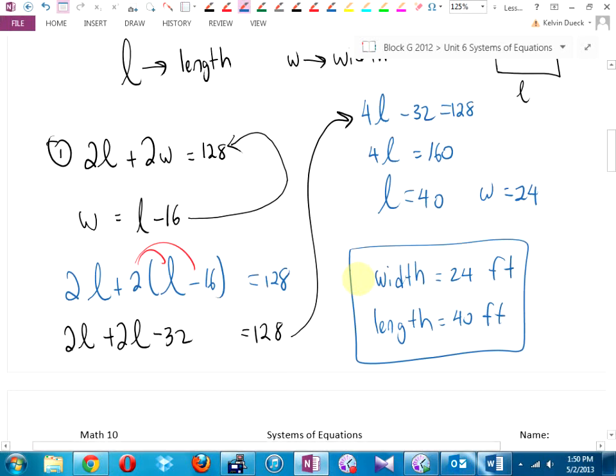Yep. I don't know. How did I get the width? What did you tell me I could replace every W with, Jack?